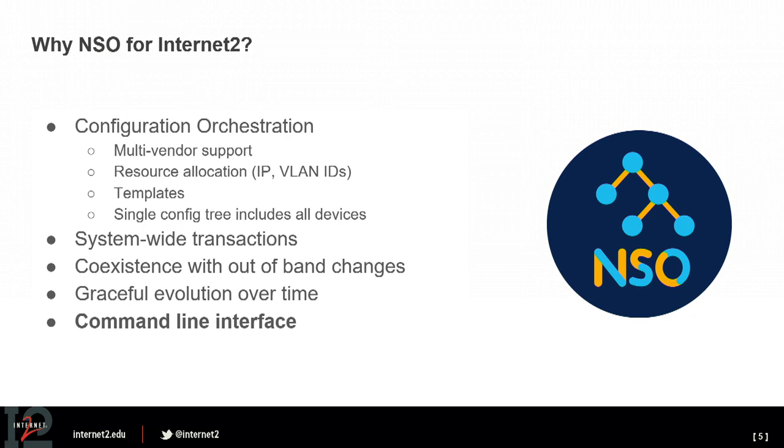And also, this really leads into the graceful evolution over time of our service models. As we determine what we missed in a service model, it was easy for us to upgrade and roll that out to the network. And a big part of NSO for us was the command line interface.